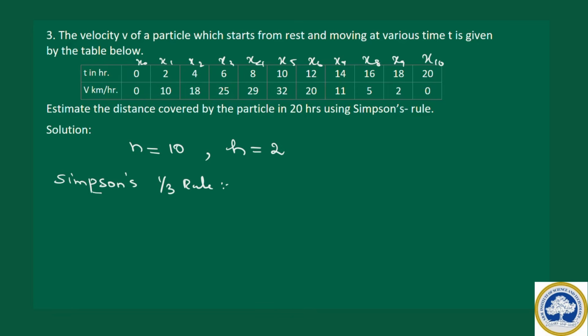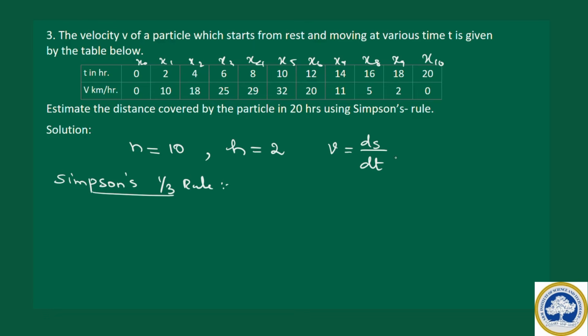Now what is the formula for Simpson's 1/3 rule? Before that, we have to check why we are doing numerical integration here: the relation between velocity, time and distance, that we have to find out first. So here velocity is equal to ds by dt.